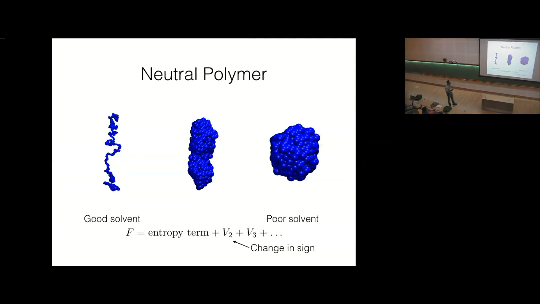Now, this transition is quite well described by the Flory theory, which consists of writing an entropy term, a second virial coefficient, a third virial coefficient, and so on. And when the sign of the virial coefficient changes, the polymer undergoes a transition from an extended to a collapsed phase.